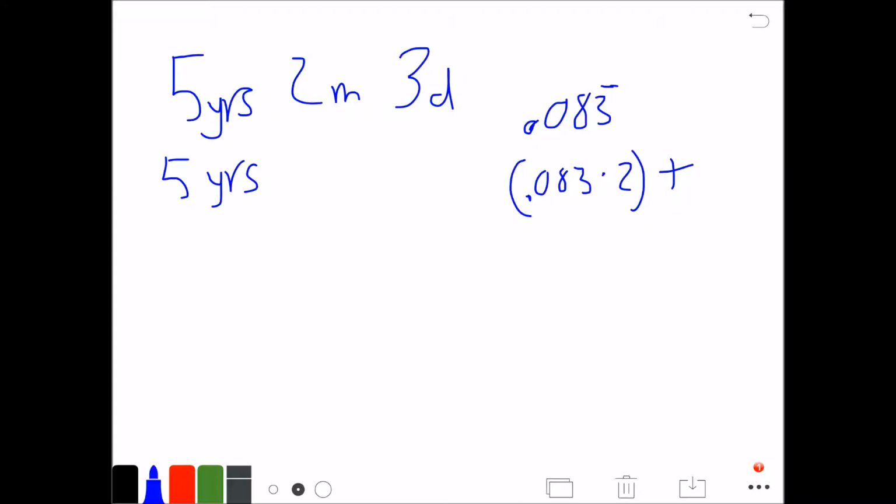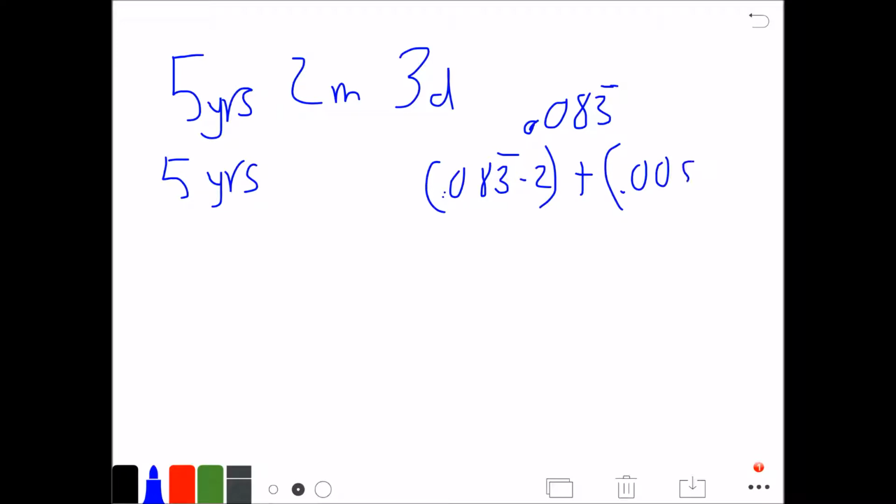So I get that 3 days is equivalent to 0.008. Oh, I'm gonna run out of space there. Here, I'll just write all this outside. So you have 0.083 repeating times 2 plus 0.0083 repeating.